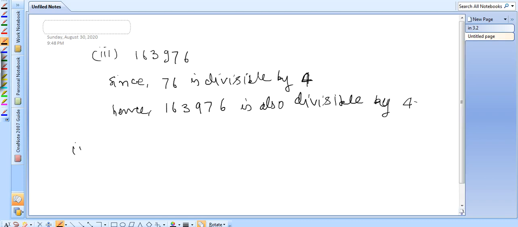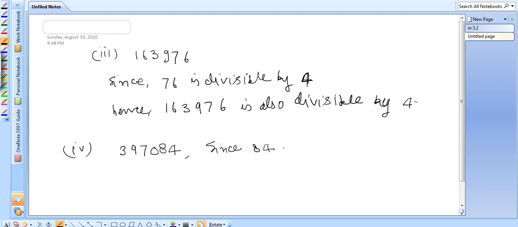So let me solve the other part. It is the fourth part. The number is 397084. So the last two digits are 84, and you know that 84 is divisible by 4. Okay, again give the same reason.